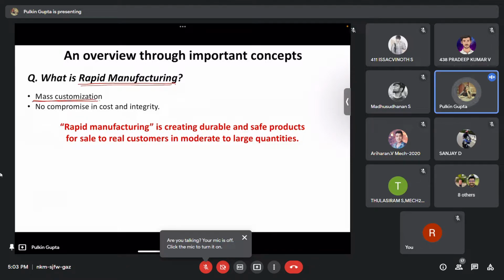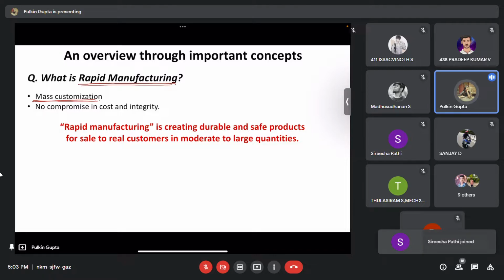So rapid manufacturing deals with how the parts can be customized as per the needs of the customer, as per the satisfaction of the customer, without losing on the integrity, the quality, or the cost of the products.